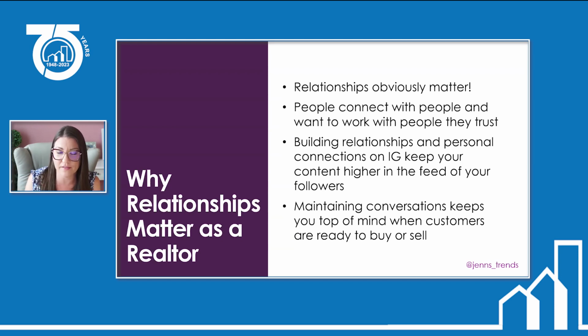It doesn't have to go down in the DMs for a personal relationship, but when you have regular conversation back and forth on your posts and your DMs and stories and that sort of thing with another individual, Instagram gives your content preferential placement in that person's feed. So having those relationships actually helps your content reach the right people, not just because you're giving them the content they want, but algorithmically, it gives you a benefit as well.